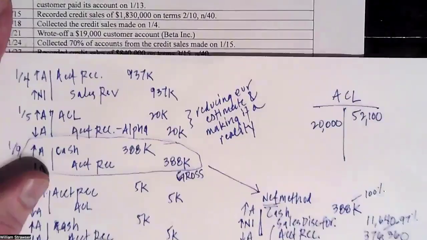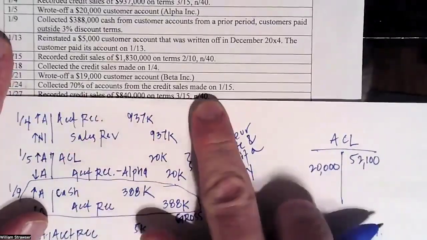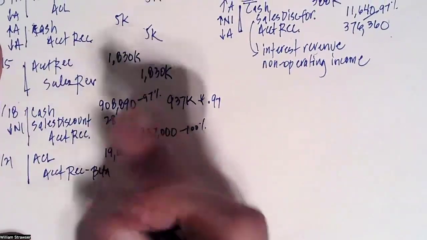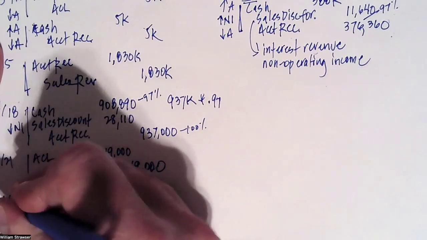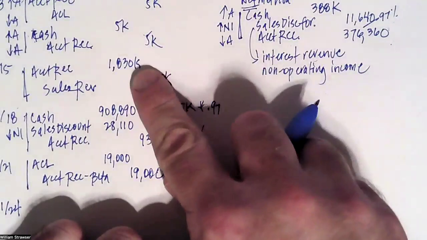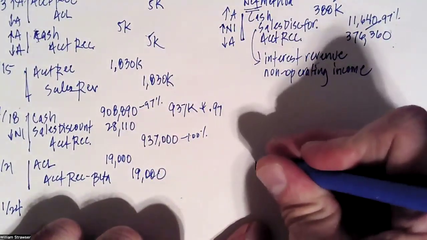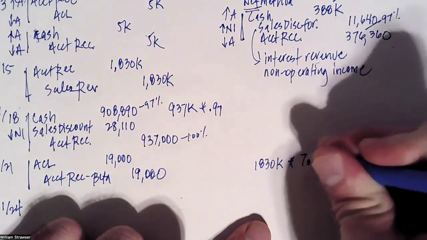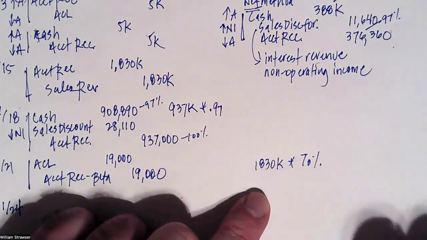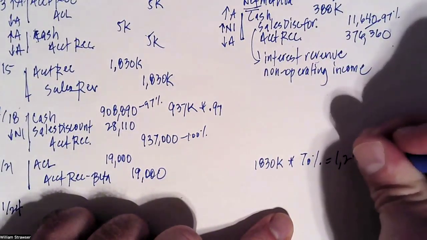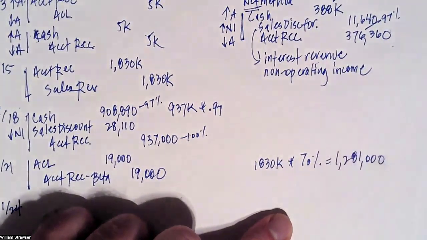On the 24th, I collected 70% of the accounts from credit sales made on 115. So I didn't make a full collection, and that's all right. They still get a discount for whatever they pay. I only took 70% of those accounts, which gives me 1,281,000.